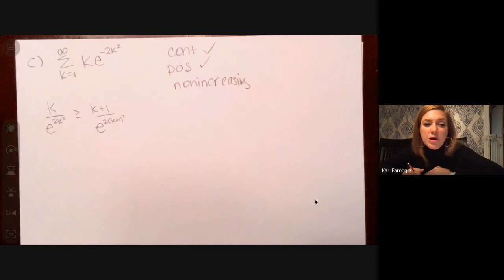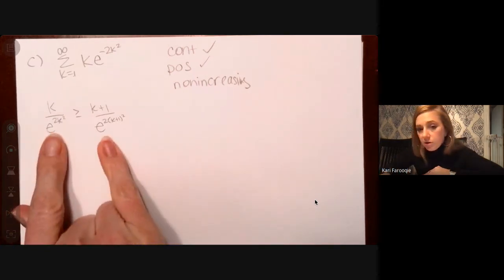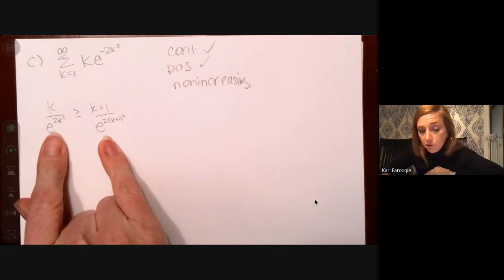And here's where, if you just did this on a test and you were like, check, I don't think I would necessarily agree with you. Now, I would say that this denominator is going to grow more rapidly than the numerator.